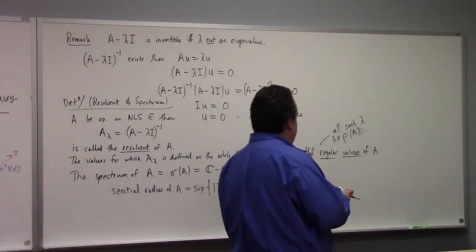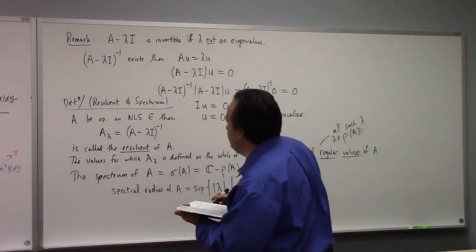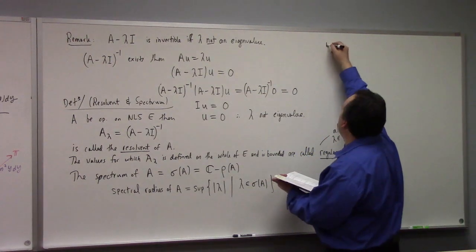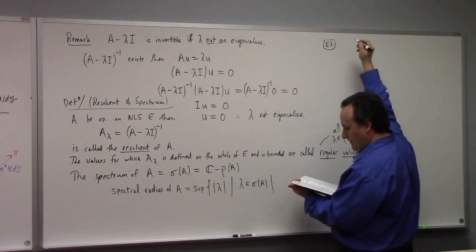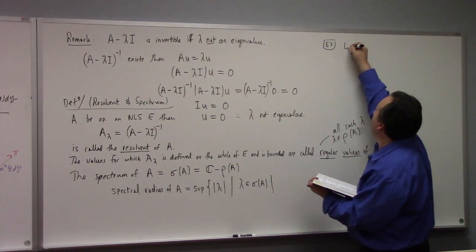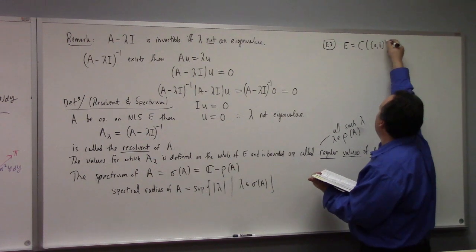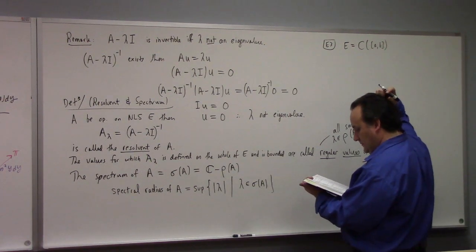So let's see if we can understand his example. That'll be my example 3. The space of continuous functions on the closed interval [a, b], right?